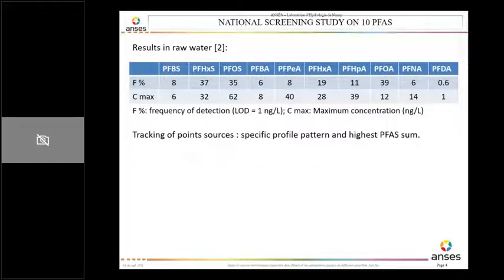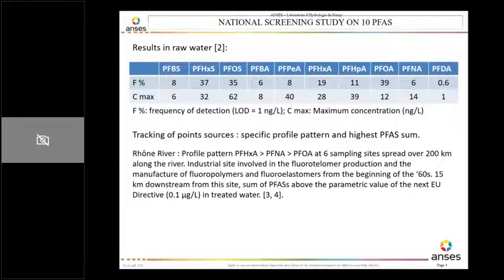But to locate the main point sources, we have to look at every result in depth, especially those with specific profile patterns and those with the highest PFAS sum. Hence, our attention was drawn by particular PFAS profile patterns along the Rhône River. The profile pattern PFHxA, PFNA, PFOA was observed at 6 sampling points in this river, covering 200 kilometers.